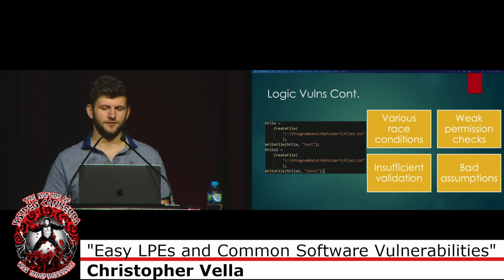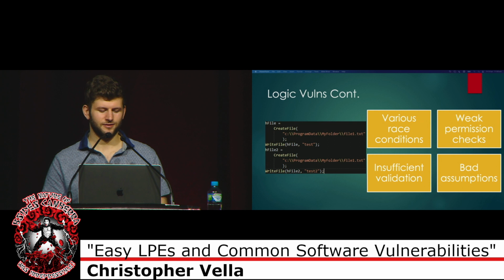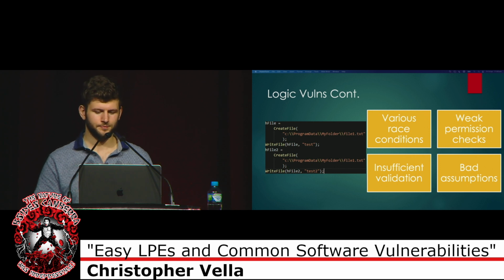And then suddenly your file1.txt that you're opening actually lives in System32, not in ProgramData as expected. That's just an example of an assumption that a program may have that could be a security vulnerability if it's something that they haven't sufficiently accounted for or thought of.